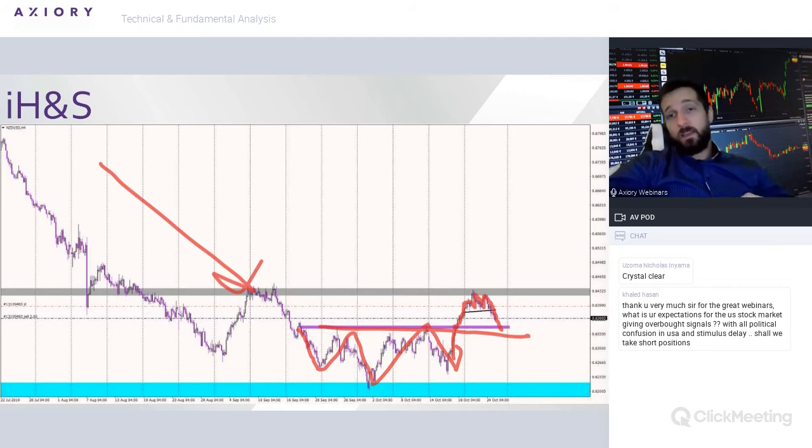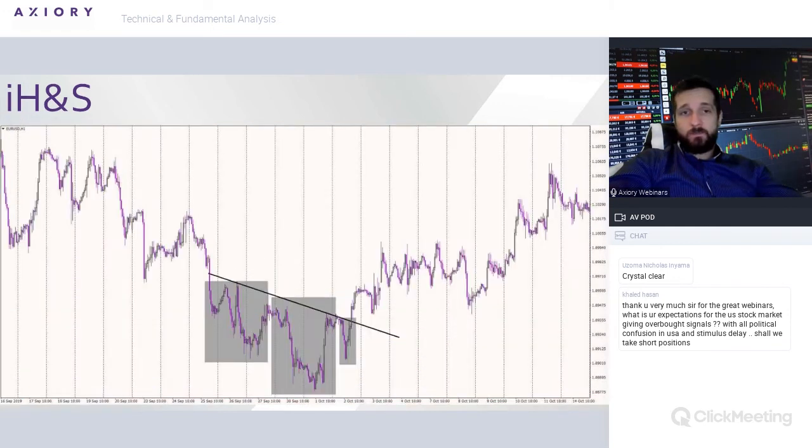No, you will spot them all the time because they happen and they work. They are reliable aids, helpers for traders. Another example, downswing, inverse head and shoulders formation, and an upswing.